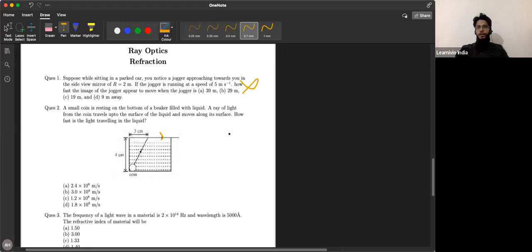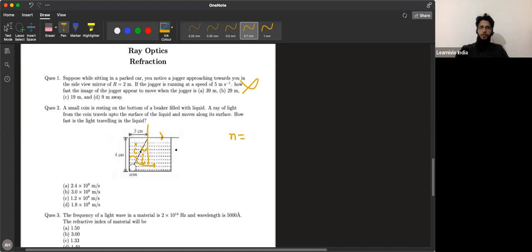So you need the refractive index of the medium. For that, you can calculate this angle of incidence. If this is I, then this is 3, this is 4, and this is the hypotenuse.